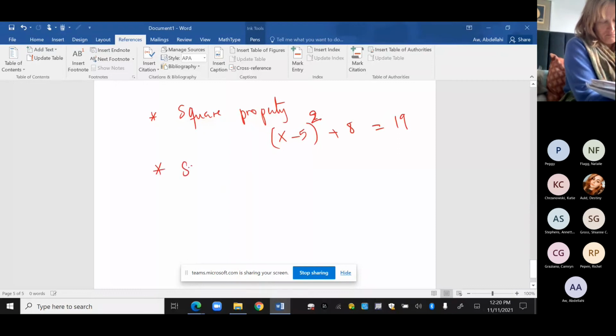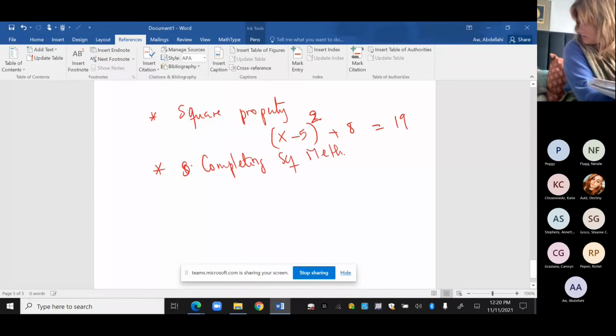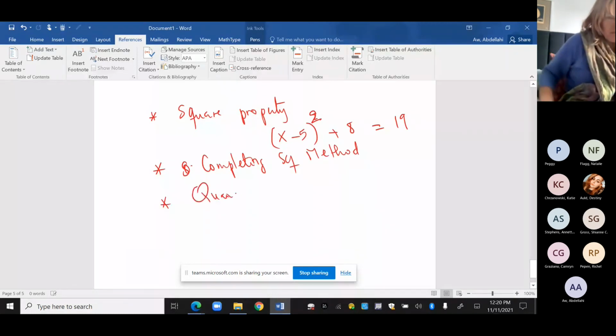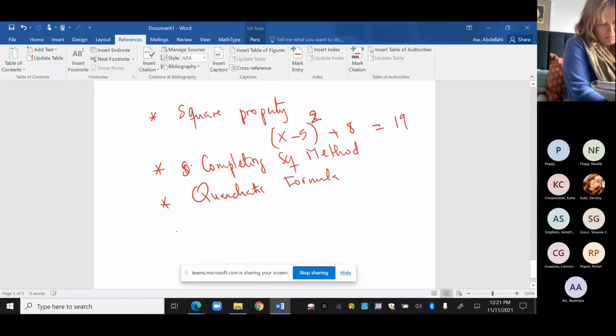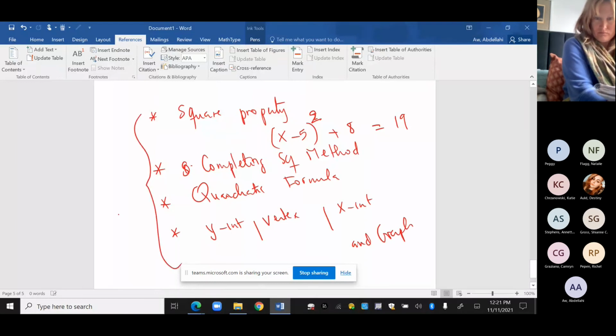We have learned the completing the square method. That's where you have to do the boxes. We have learned the quadratic formula. We have learned how to get the y-intercept, vertex, x-intercept, and graph, right? This is what we have learned in chapter 4.